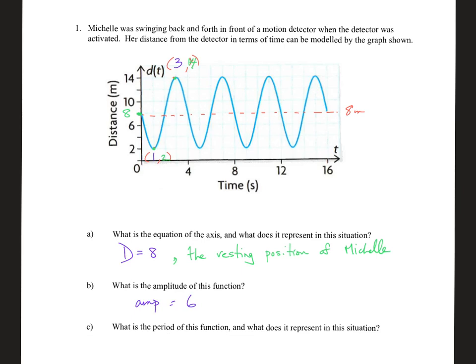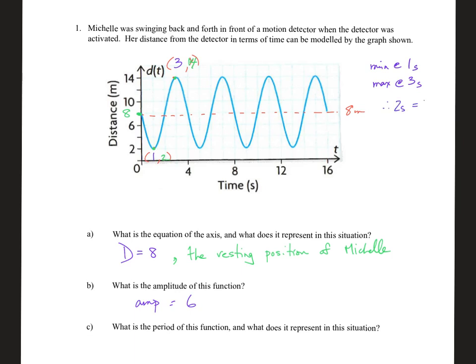Question C, what is the period of the function and what does it represent? For that period, we notice that we have a minimum at 1 second and then a maximum at 3 seconds. So we know that the distance between those, the min to the max, would be 2 seconds.